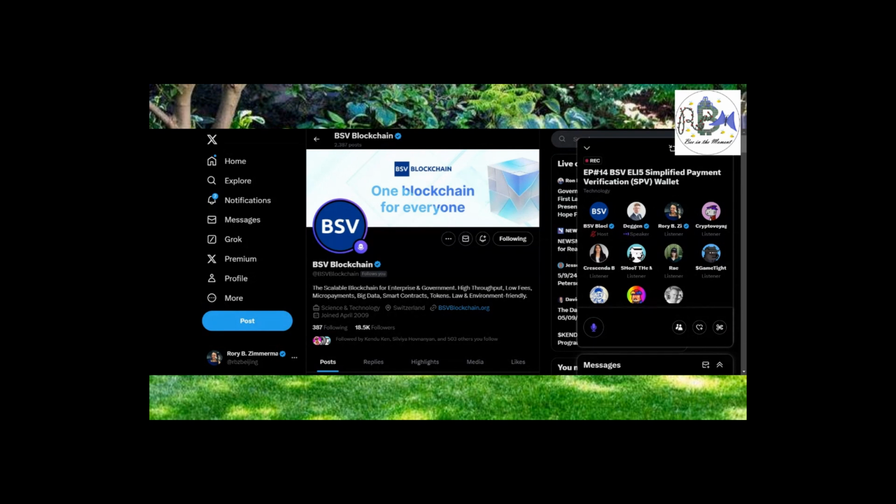So if you're just using Satoshis or BSV, you don't need to do any additional validation because it's the base unit.